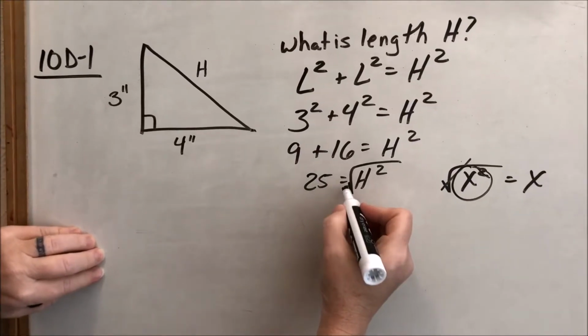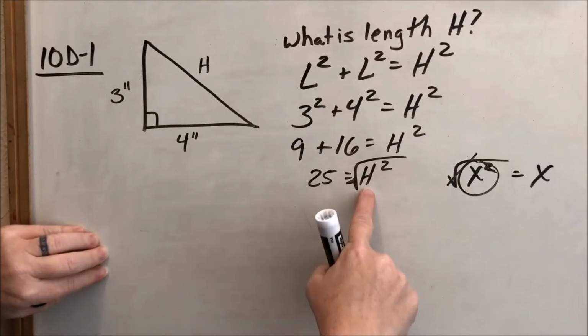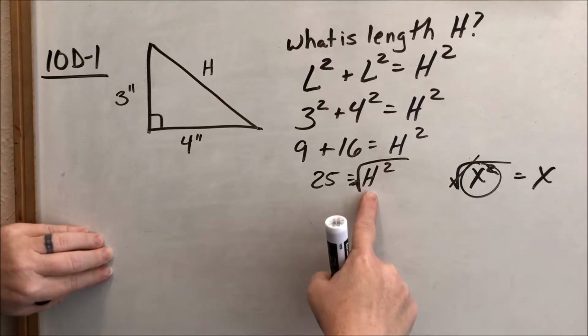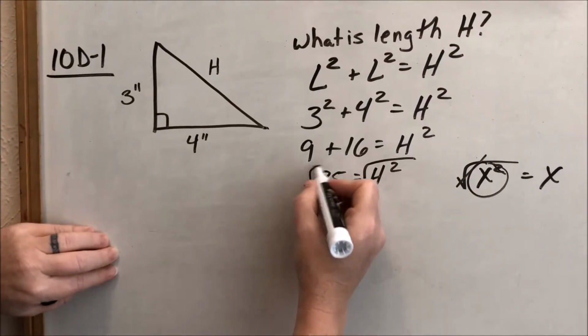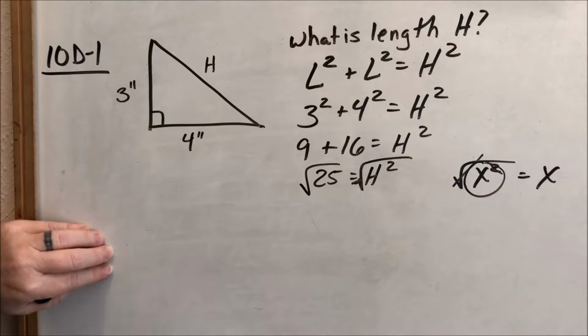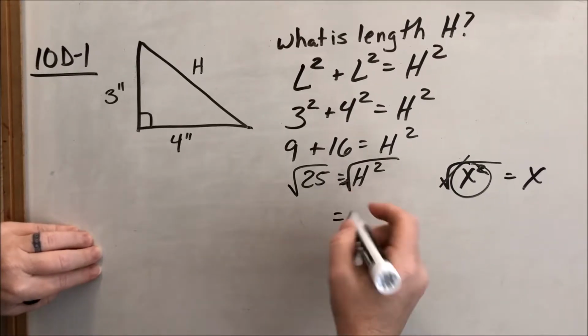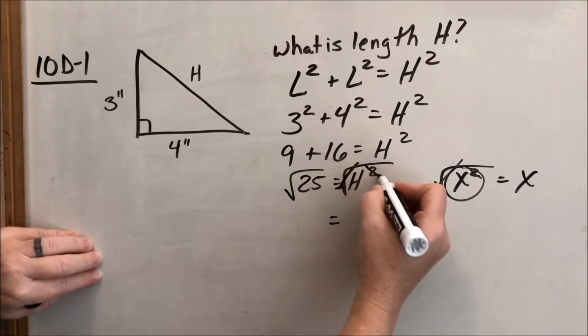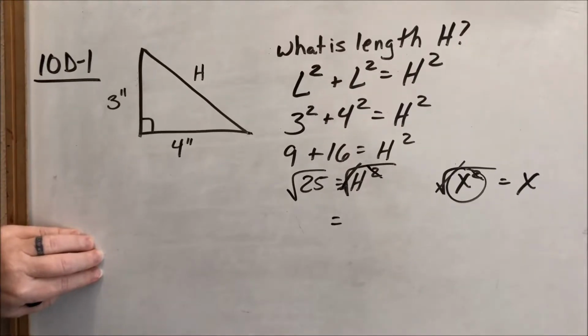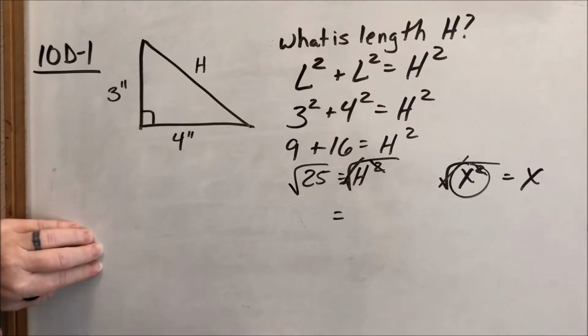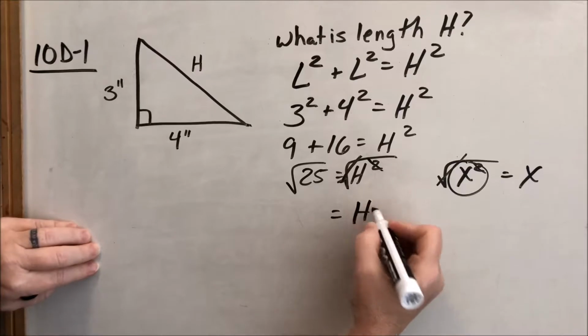So we're wanting h, so you take the square root of h squared. Well, in algebra, whatever you do to one side, you have to do to the other side to make it balance out. So the square root of h squared, square root and square cancel each other out because they're opposites of each other. The opposite of squaring is square root. And so that would be h.